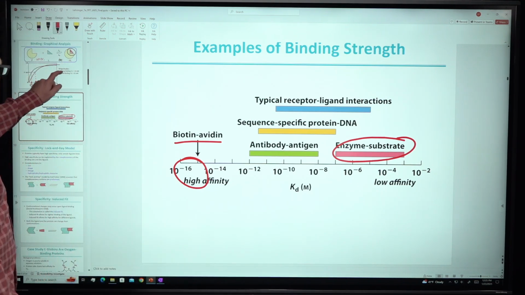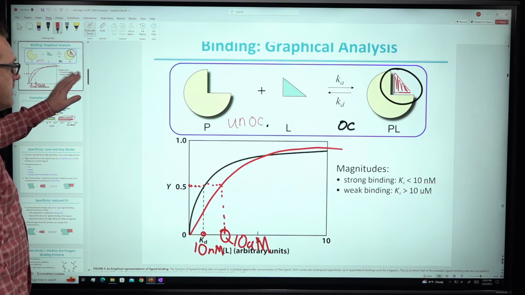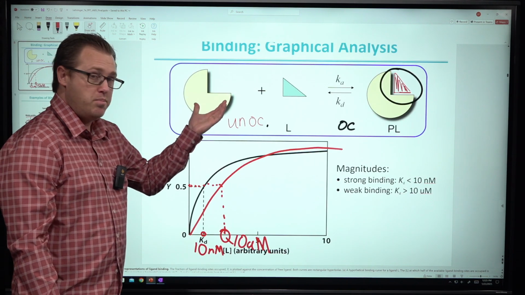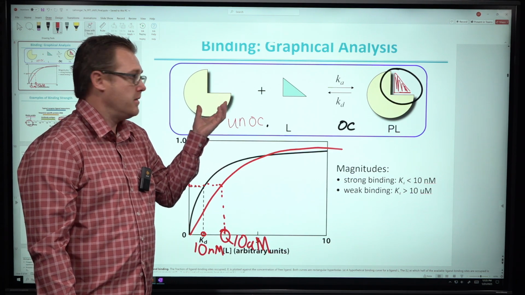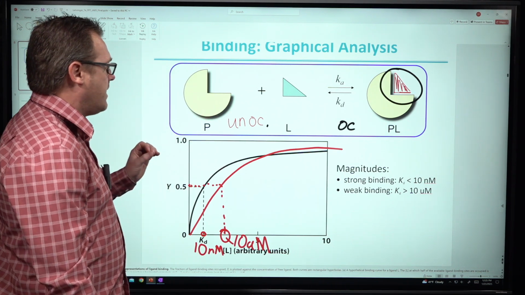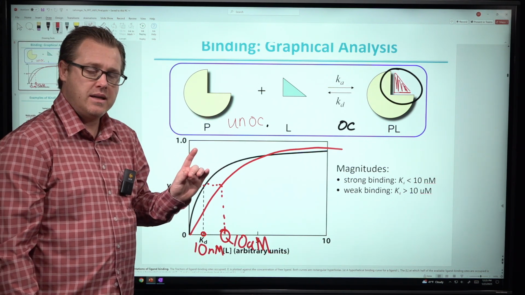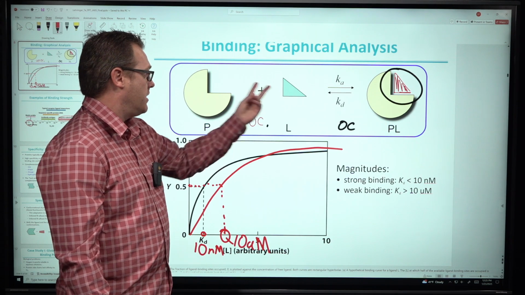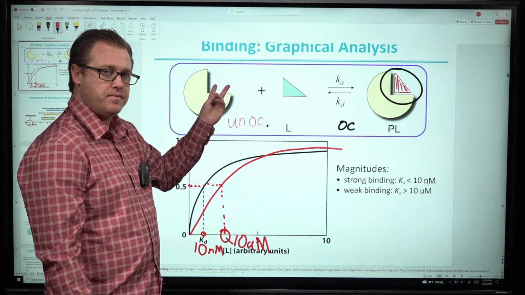I now want to take a look at this binding of the ligand and the protein. So take a look at it a little bit more closely. And how does this ligand bind to that spot?